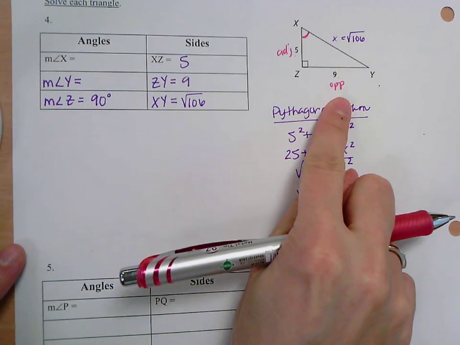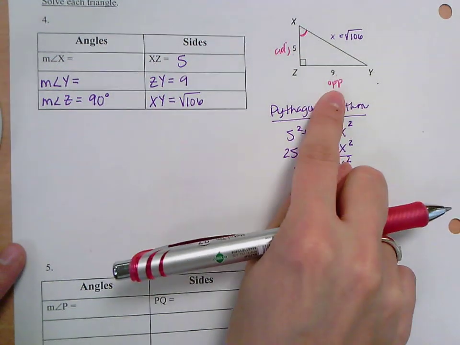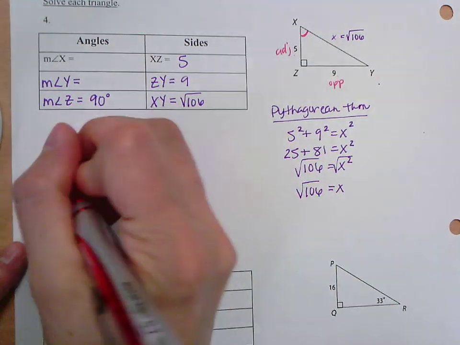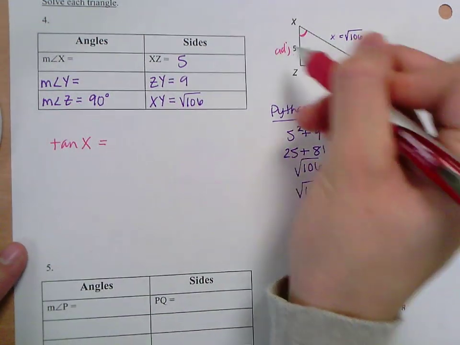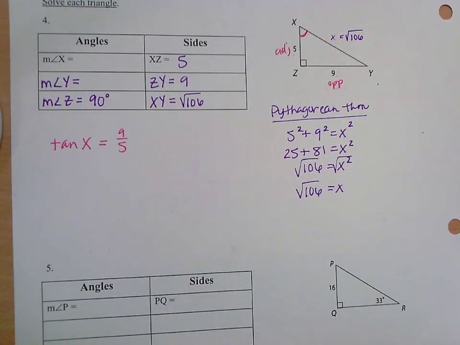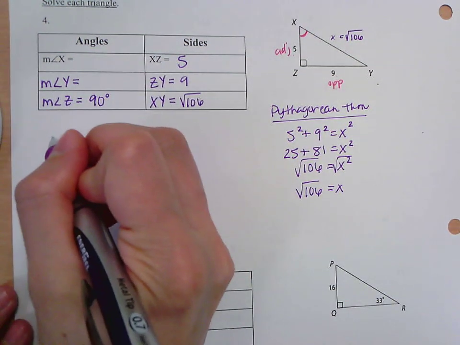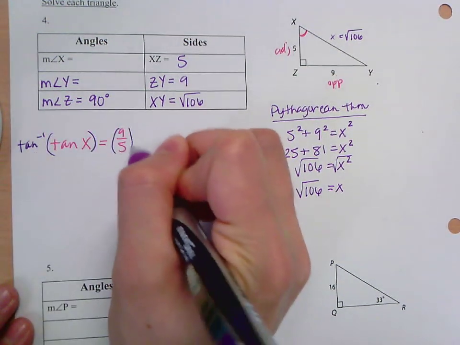So I would have for angle X, this is what we just did. What trig function am I using? If I have adjacent and opposite? Tangent, yep, TOA, O over A. So tangent of X should equal opposite over adjacent, so 9 over 5. I'm looking for an angle, so then I take inverse tangent of both sides.